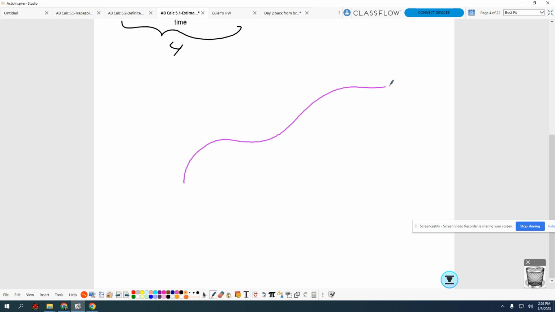Maybe it got tired, or like the little engine that could, it got a little faster, and then faster. We're going to approximate this. I told you yesterday, we're just going to find a bunch of little rectangles, and add up all the little rectangles.